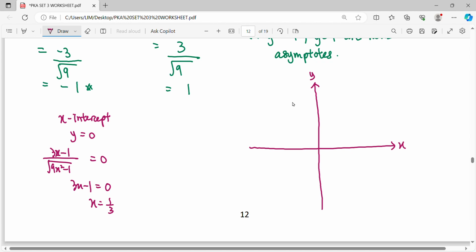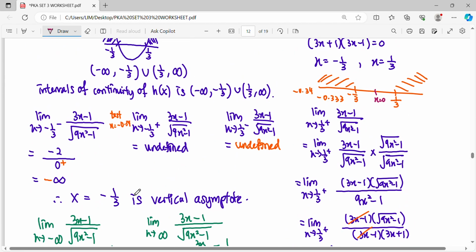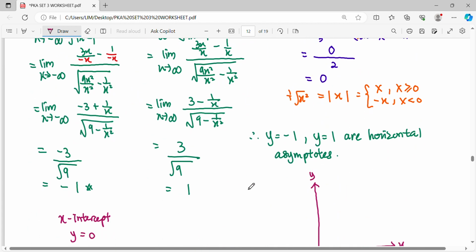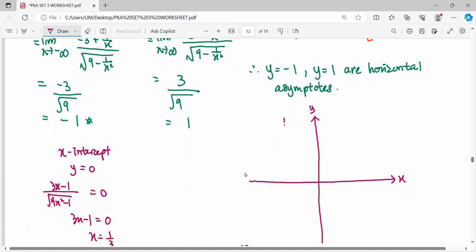Alright, so we label from the first result, we found that x equals negative 1 over 3 is the vertical asymptote. We take note of our asymptote first.